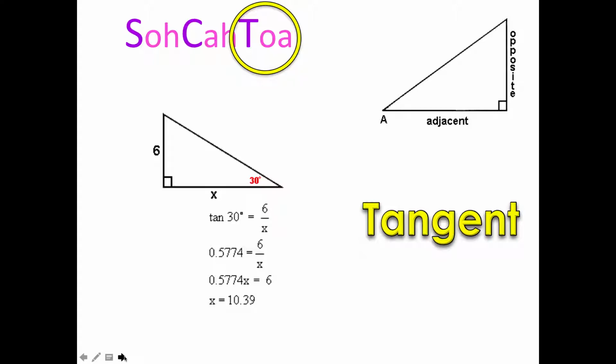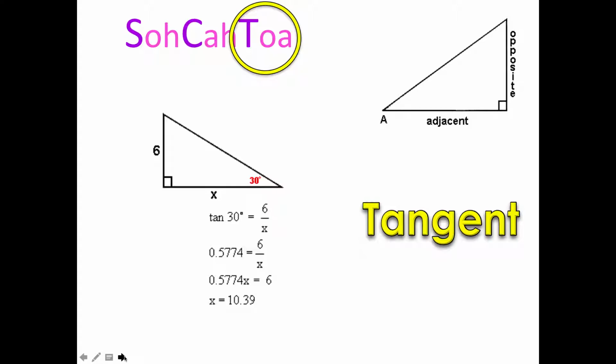When I put this into my formula, look how the formula looks the same. The tangent of my angle measurement equals my opposite over my adjacent. Opposite has a length of 6. My adjacent side is x. In our table, tangent of 30 degrees comes out to be 0.5774. This one was a little bit tricky because my variable was in the denominator.